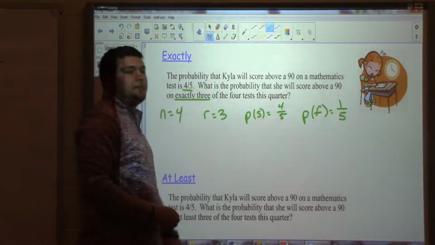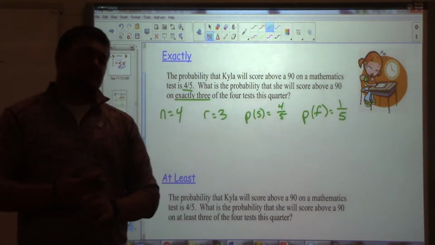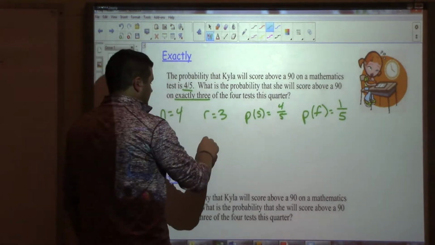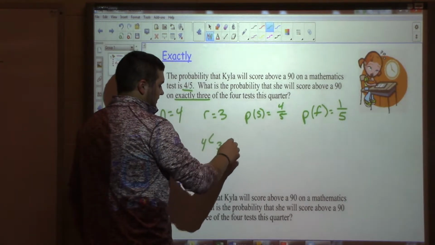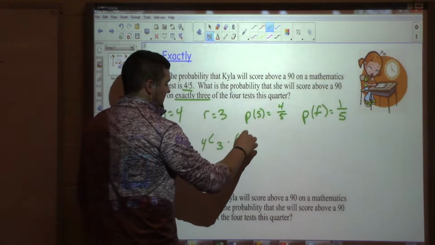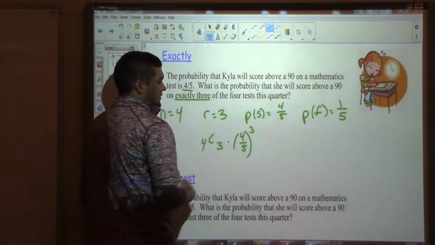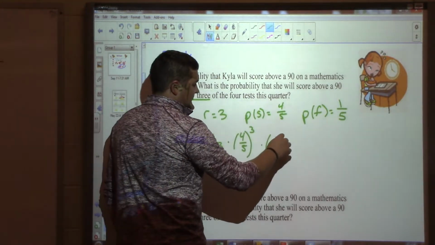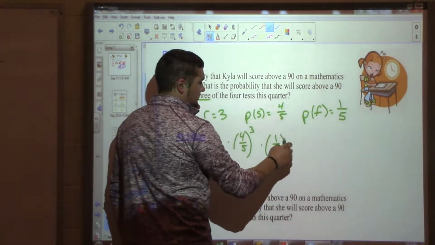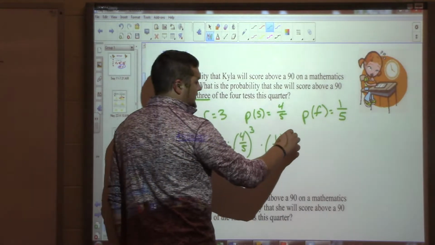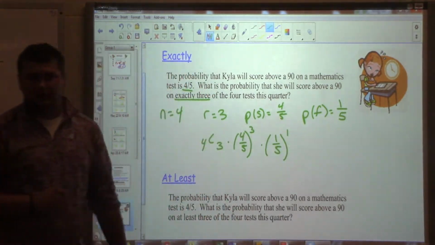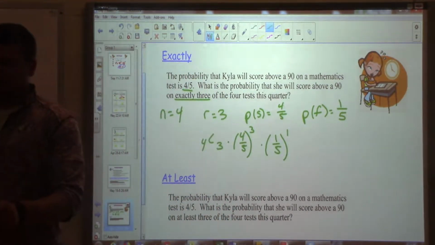Good. Then I'm just going to plug that into my equation. Right? So nCr: 4C3 times my probability of success, 4/5, to the 3rd power, or the r power, times my probability of failure, or 1/5, to the n minus r, 4 minus 3 power, equals... I'm just going to plug it in my calculator.